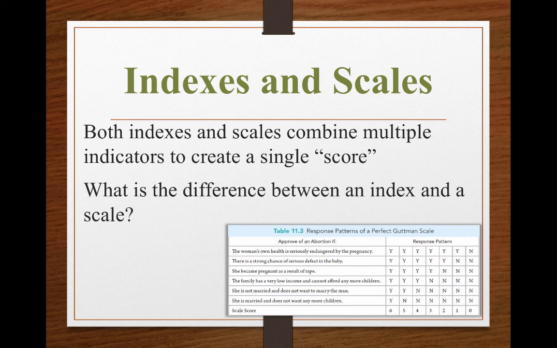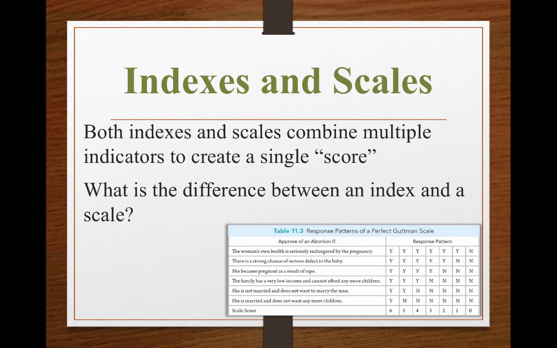So indexes combine indicators by adding or averaging without regard for how each item represents the underlying concept being measured, versus scales also combine indicators, but they do so to ensure unidimensionality or some other quality of the concept being measured. So there may be different things being measured, but they're combined in the scale.